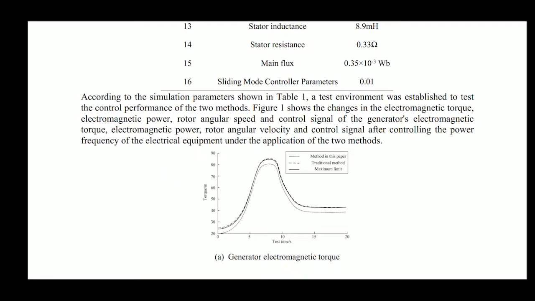Figure 1 shows the changes in the electronic circuit, electromagnetic power, rotor angular speed, and control signal of the generator's electronic circuit, electromagnetic power, rotor angular velocity, and control signal after controlling the power frequency of the electrical equipment under the application of the two methods.